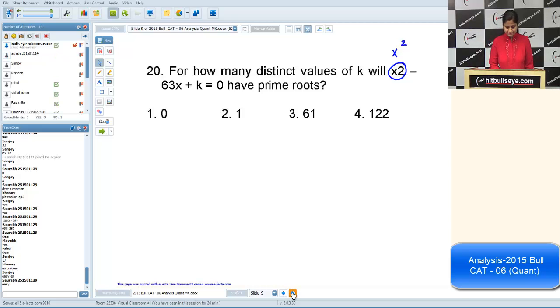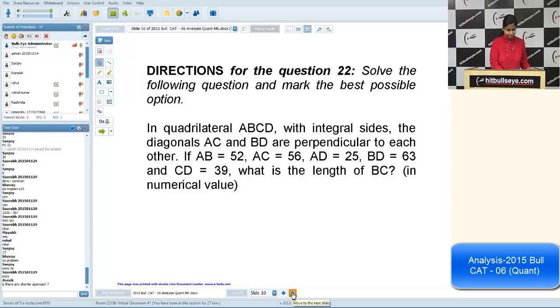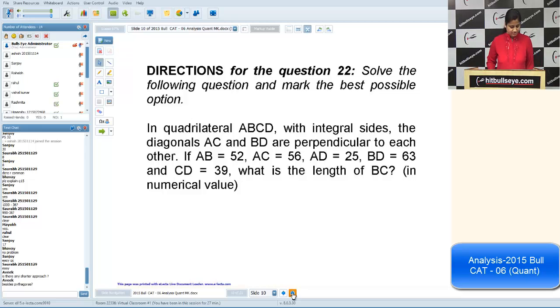Yes, guys. Question number 22. Yes, of course, if you are comfortable in learning, if you know all the Pythagorean triplets, there are 11 to 12 Pythagorean triplets we normally teach in our class.